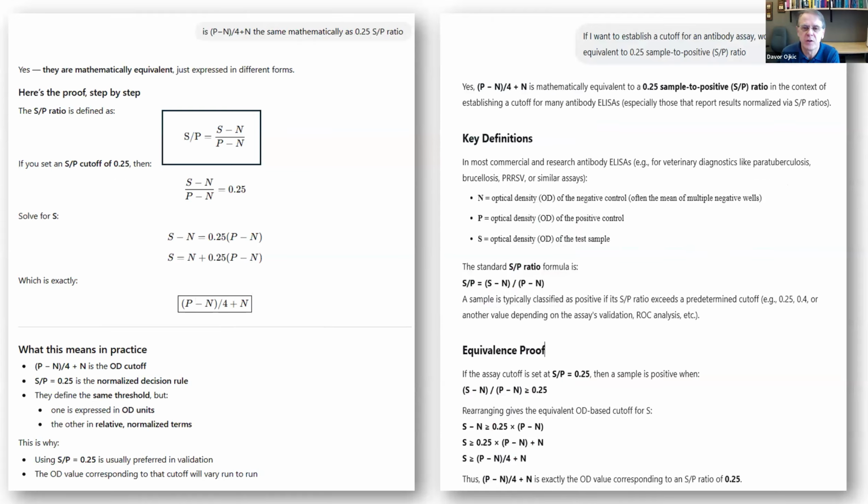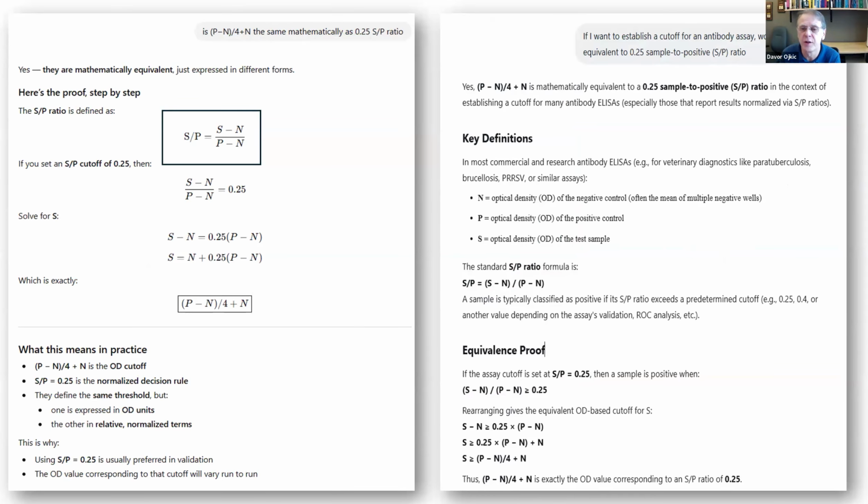I used to be good at math, but I'm no longer that good. So just to make sure that I'm not seeing something that doesn't exist, I asked ChatGPT, Grok, and Gemini the same question. And they all said, yes, mathematically, the way they calculate for floating OD is the same as if I would use 0.25, but here I'm normalizing the cutoff and there I'm normalizing the sample.